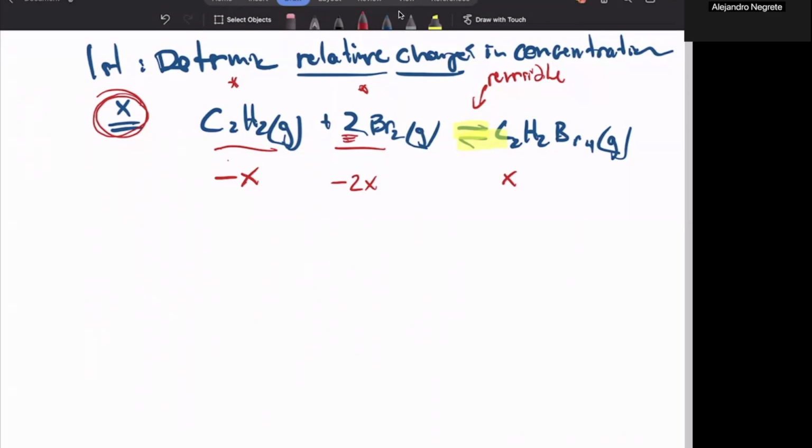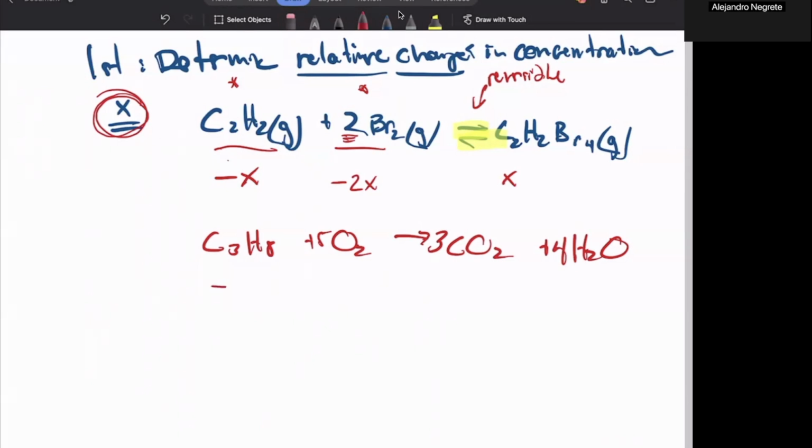So let's take a look at another reaction. Propane plus some oxygen, and we're going to get some carbon dioxide plus some water. Let's balance this: 3 here, 4 here, and 5 here. Again, we're assuming that we are starting with propane and oxygen.